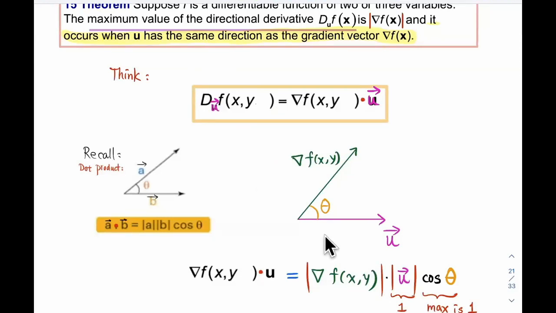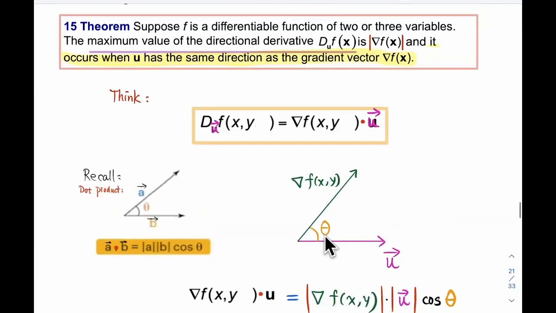All right. So now go back and let's repeat the result one more time. So the function has the maximum directional derivative when the gradient and the direction vector are in the same direction.